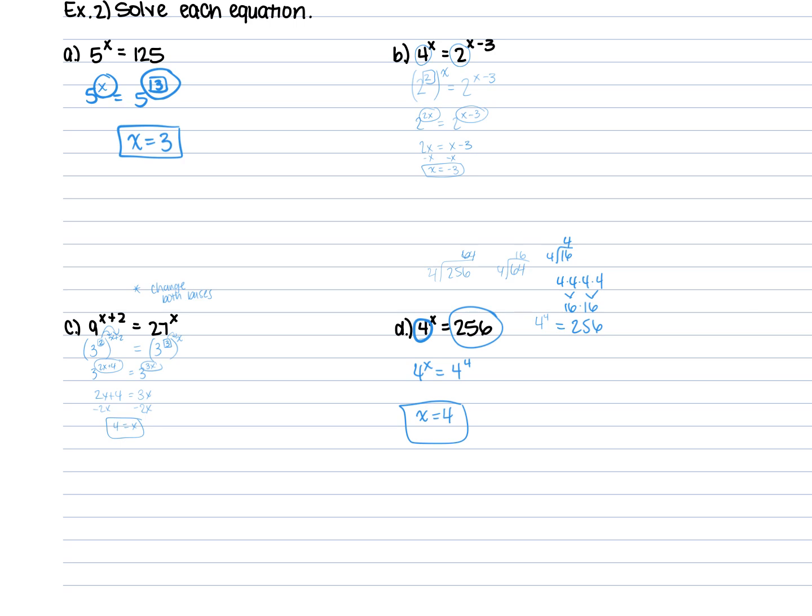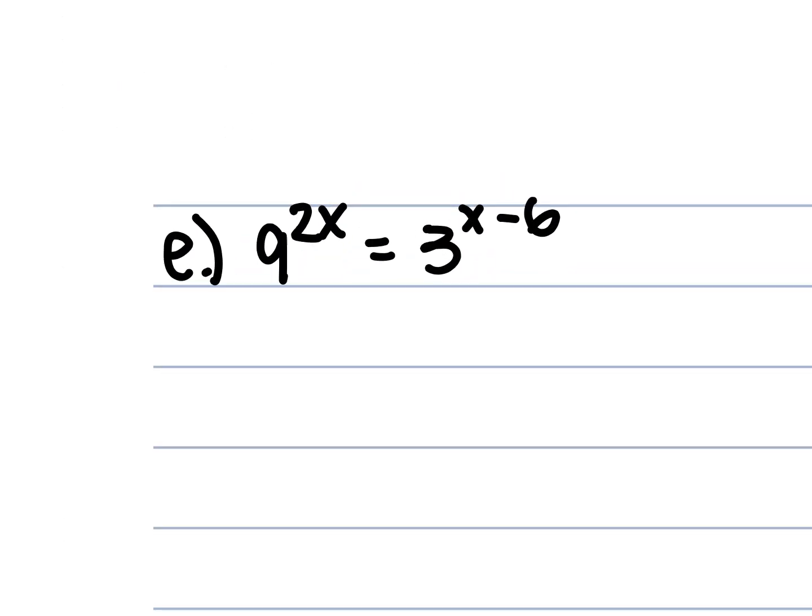All right, let's look at another one. Let's look at E. You know what we have to do for this? The hard thing. You need to make the bases the same. And the way you do that, you would make the base on the right side 3 to the third power. So write it like this. And then what is 3 to the third?